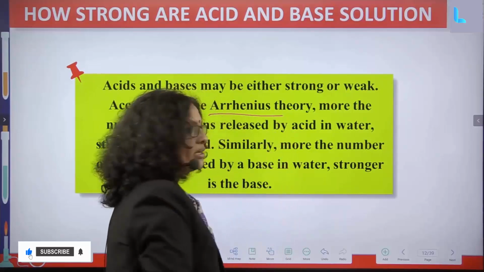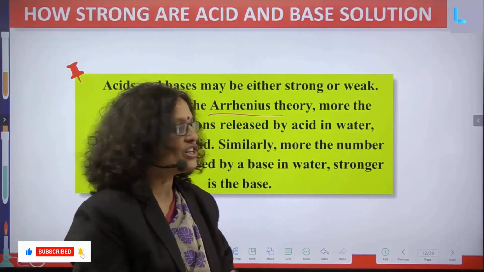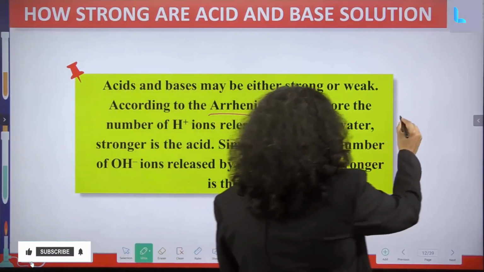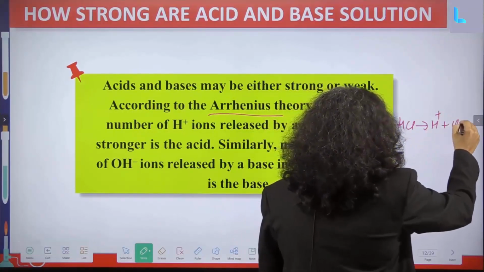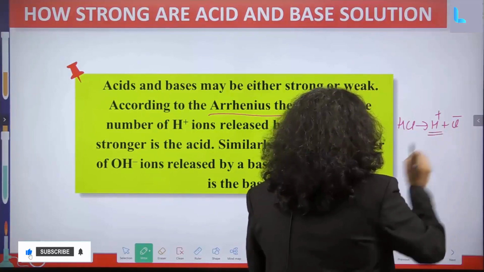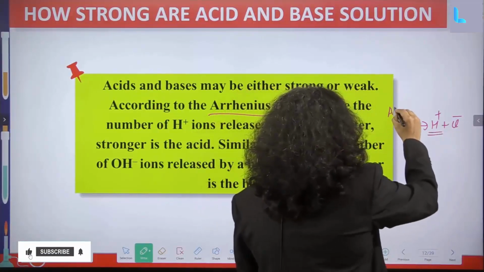According to his theory, substances which break and give H plus ions are called Arrhenius acids.